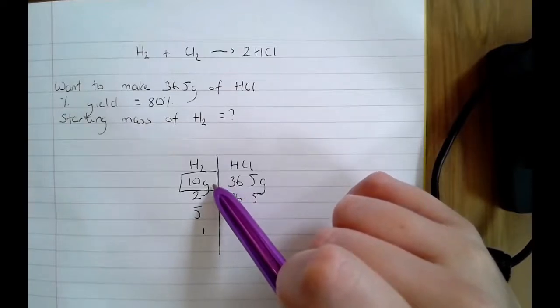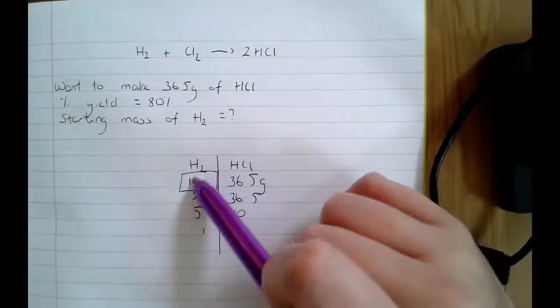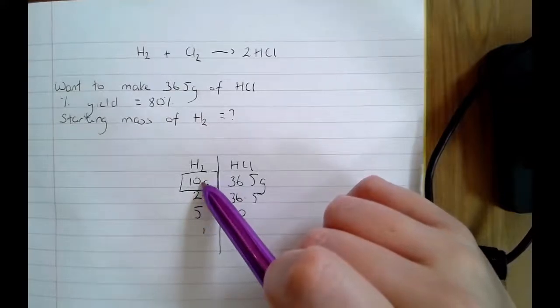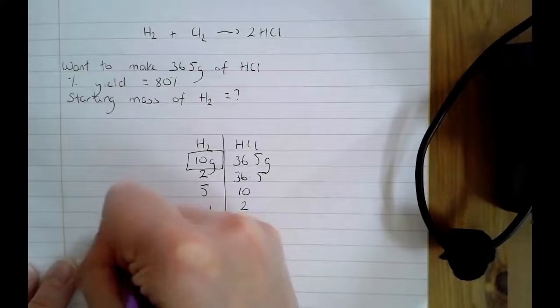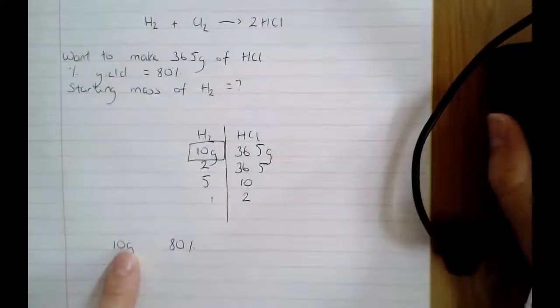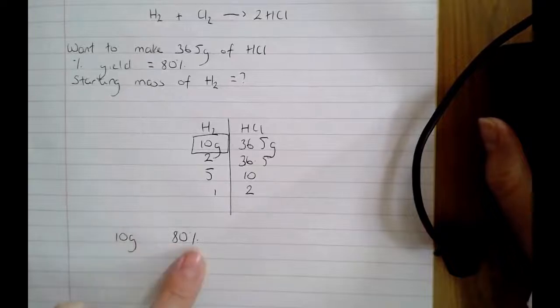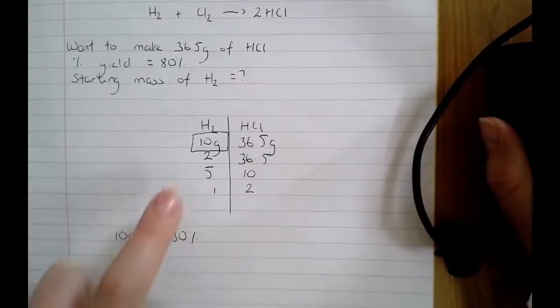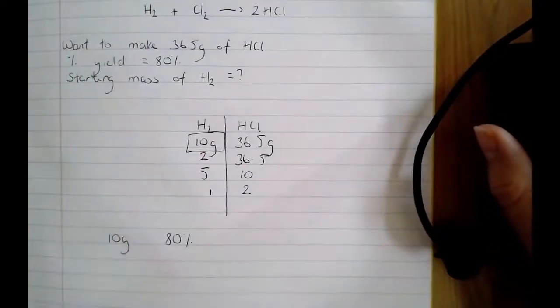If I'm going to lose some of it along the way, I'm going to need to start with more than 10 grams. So with the 10 grams, and with the percentage, 80%, you're going to need to do something with these two numbers that allows you to get an answer greater than 10. And this is where students typically go wrong.